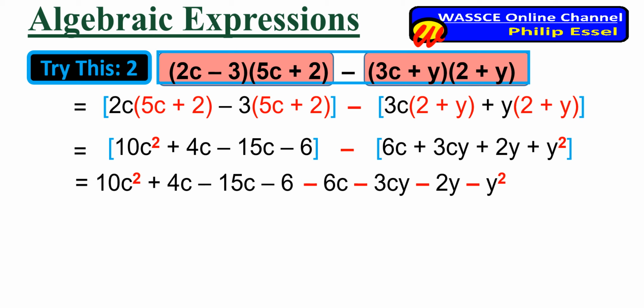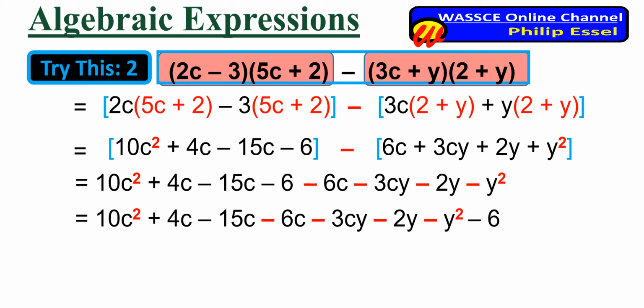That would give us negative 6c. It would again multiply the positive 3cy, and that would give us negative 3cy. Then it would multiply the positive 2y, giving us negative 2y. Then finally it would multiply the positive y squared, and that would give us negative y squared.